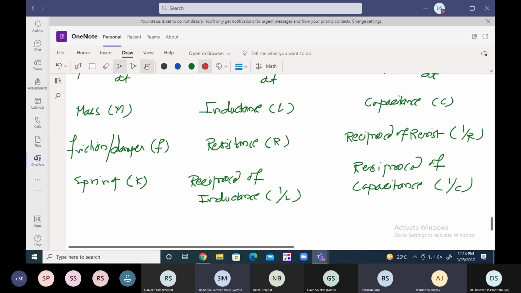And the spring in case of mechanical will be the reciprocal of capacitance in voltage analogy. Here is the capacitance.